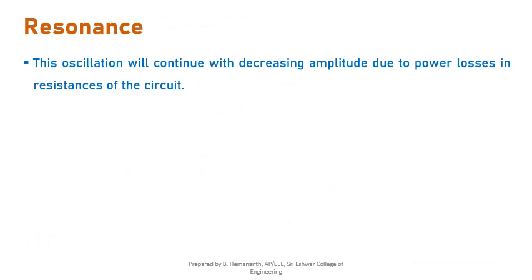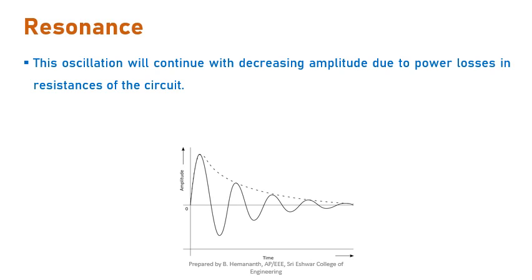This oscillation will continue and the magnitude of energy keeps dipping down due to the power losses in the internal resistance of the capacitor and inductor, as shown here. Because all the inductors and capacitors are not pure inductors and capacitors, they have their own internal resistances.